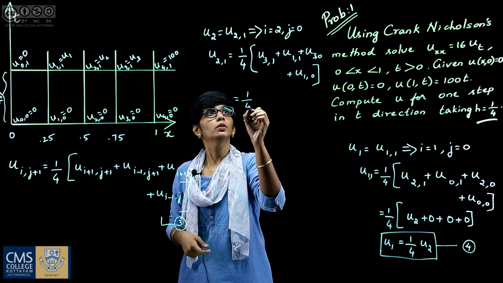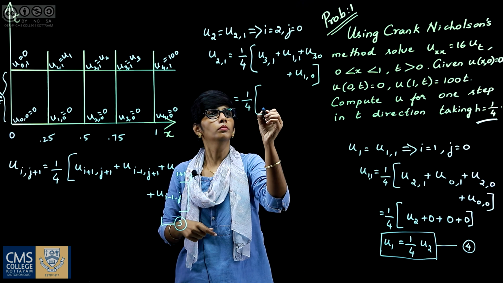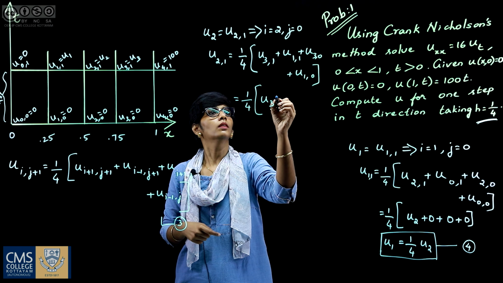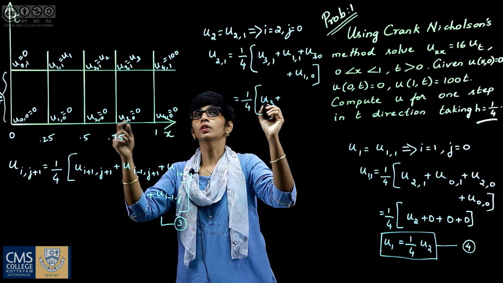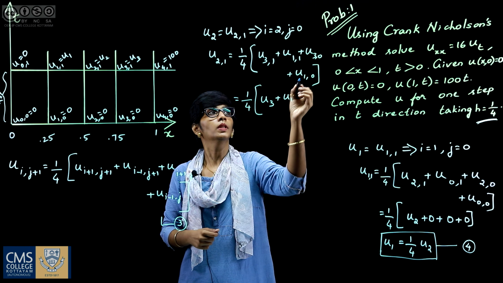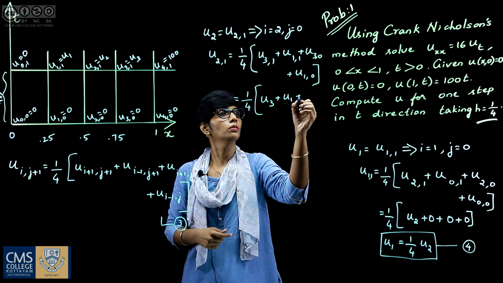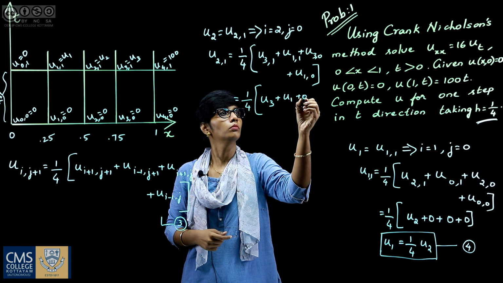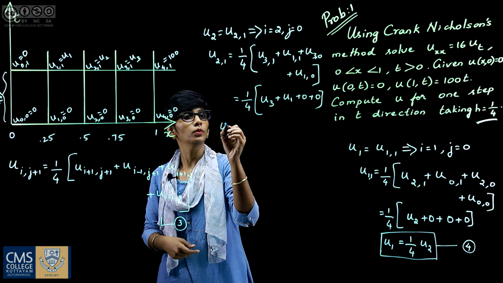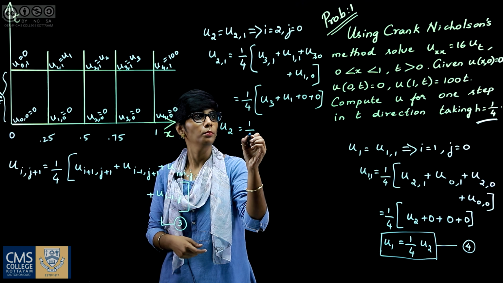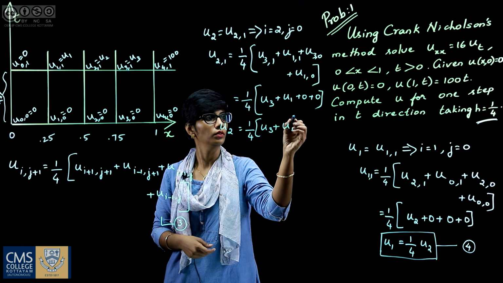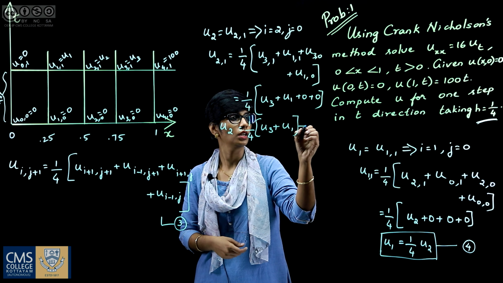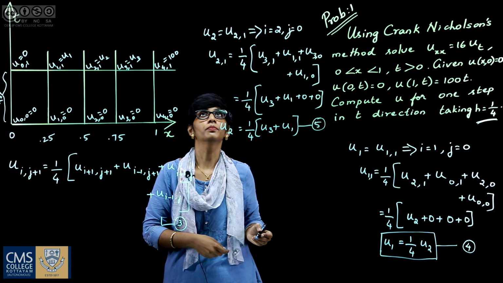So, u of 3 comma 1 is u3, u of 1 comma 1 is u1, and u of 3 comma 0 is 0, u of 1 comma 0 is also 0. So, u2 is equal to 1 by 4 of u3 plus u1. This is equation number 5.